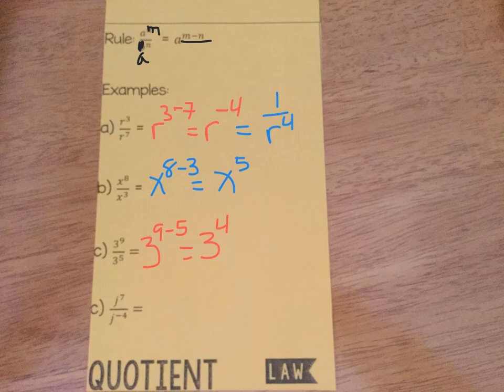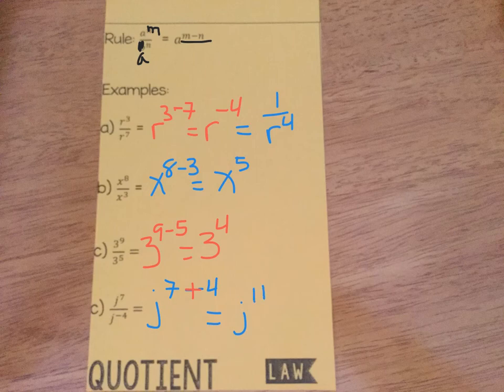And this last one, we have j to the 7th minus a negative 4. Well, we know that 2 negatives give us a positive. So this will become j to the 7 plus 4 is what? 11.